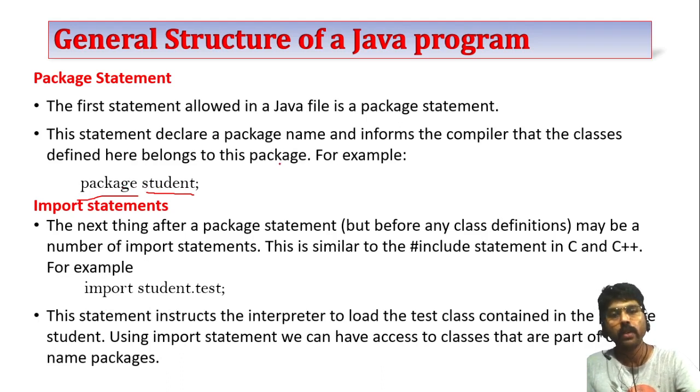Whatever class I have created below this is part of the student package. Just imagine the package is just like a folder. That folder contains multiple files. I can create any number of files within that folder. In a similar way, I can create multiple classes. All the classes are stored in a particular area called a package, and it is named student here.